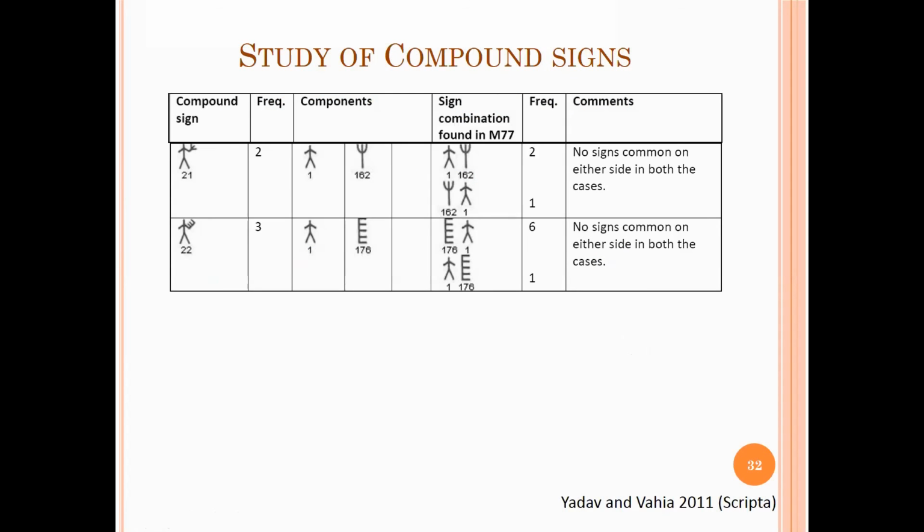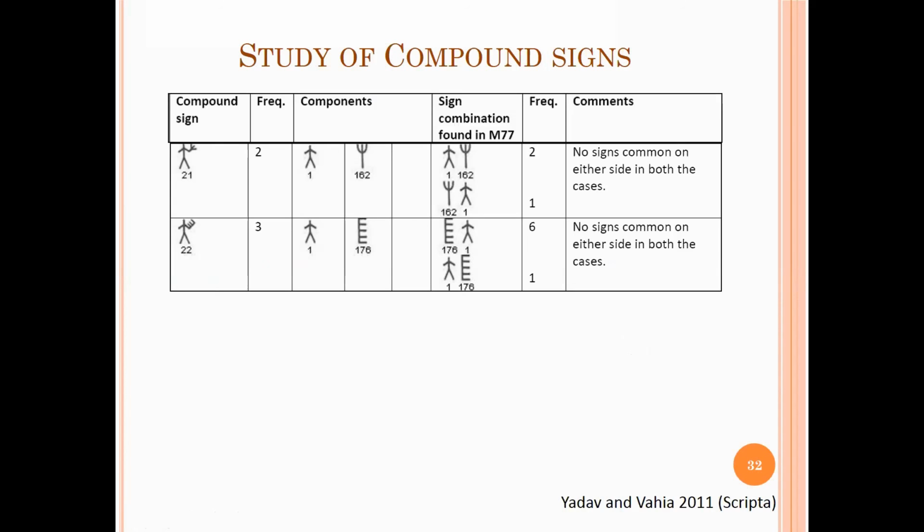Okay, now we take a closer look at the usage pattern of compound signs, and I have already told you we wanted to check whether these compound signs were simple mergers of the basic signs, created for saving space, or whether there was anything else going on.